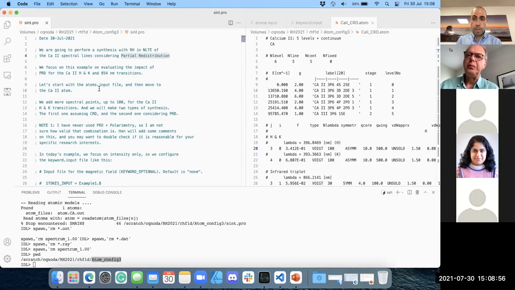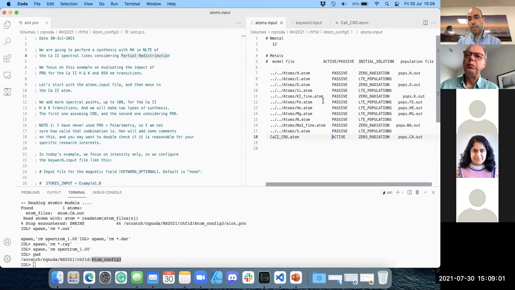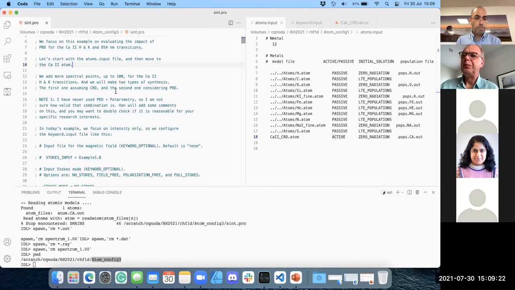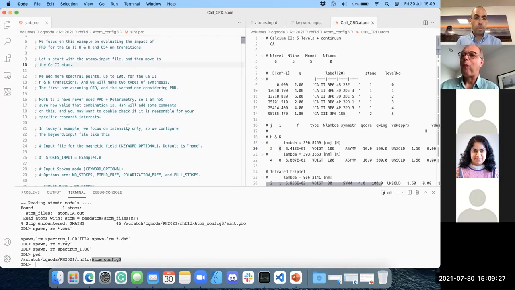So let's start with the atoms.input file. If we go here, it's the same configuration we had last week. So we have several atoms, and then only one is active. That is the one for which we want to compute accurately the populations of the levels and the transitions between those levels. Okay, so then with that, we move to the calcium atom.